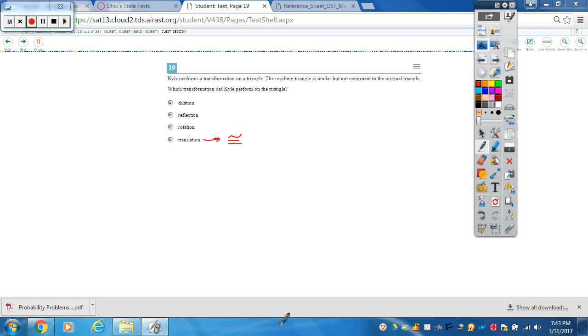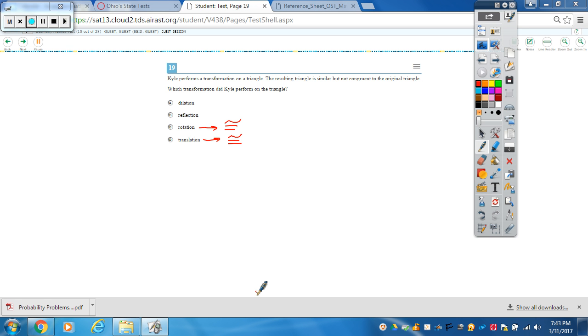It's congruent. If I rotate something, if I were to rotate myself around, I haven't changed my size in any way. I've just moved from facing one direction to facing another direction. And so, like the translation, the figure remains congruent.